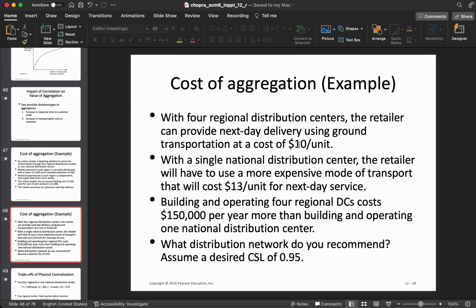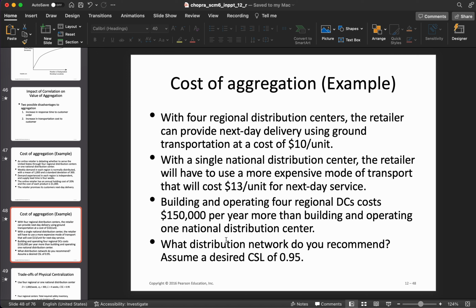One other thing is that having 4 different regional centers costs you $150,000 per year more than building and operating a single national distribution center. So even though the transportation cost is $3 more per unit, it is cheaper to have a single center rather than 4 centers.